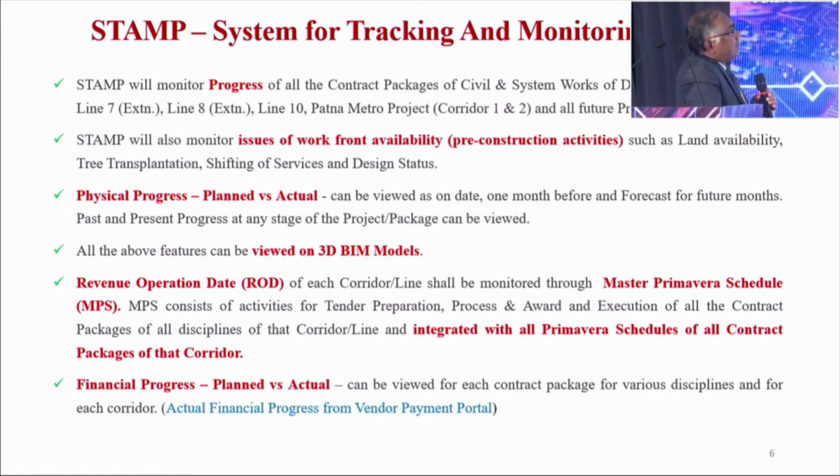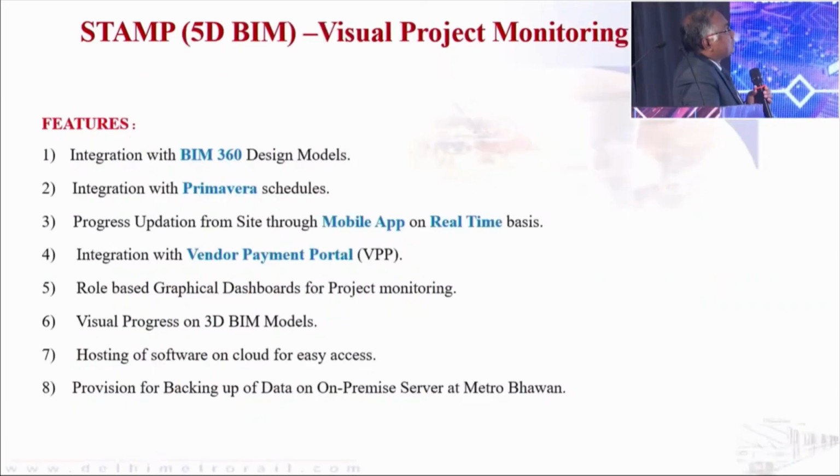Initially it is uploaded in the STAMP as a financial plan. Then through the vendor payment portal, whatever actual payments are done, that is the gross payments, will be reflected in the STAMP. So apart from the physical progress, you will be able to monitor the financial progress of the project also.